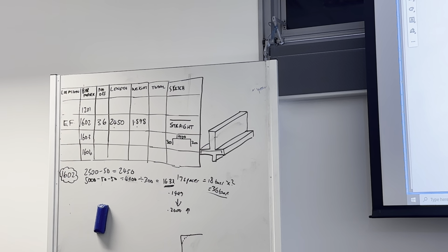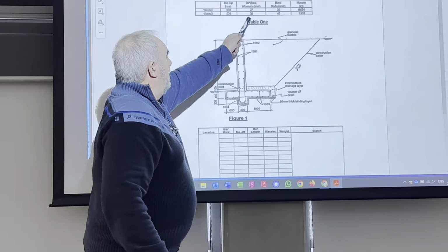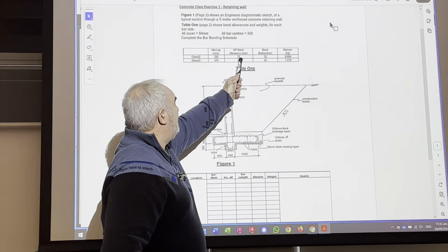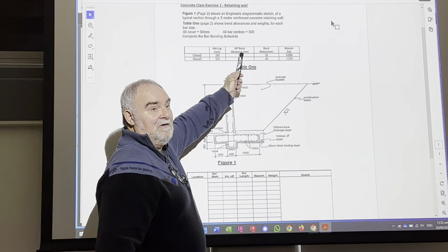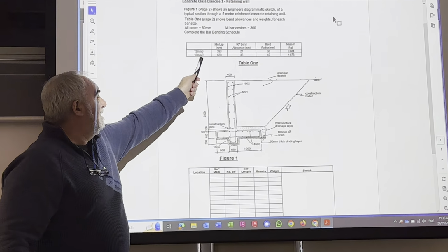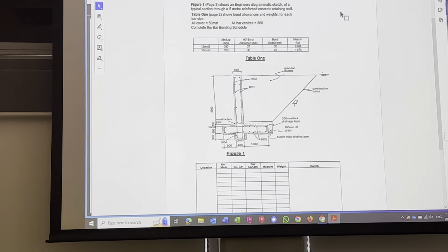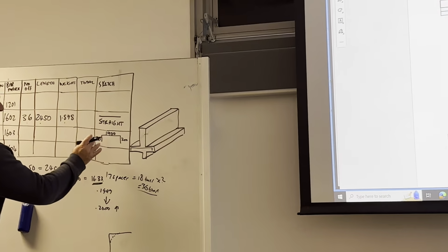There is a minimum curve and it's relative to the radius. Up here, that's the curve when we draw it, but this here is what we subtract from the overall length. So this is a D16, so we subtract 36 for every bend. How many bends? 1, 2.